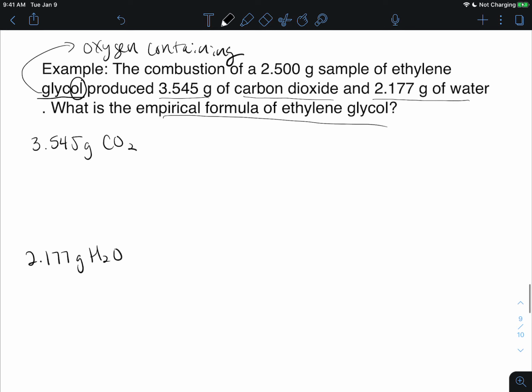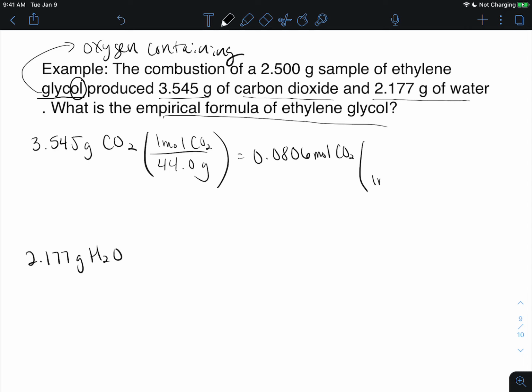Okay, so let's look. We're going to go from our grams of carbon dioxide into moles of carbon dioxide using our molar mass, 44.0 grams per 1 mole of carbon dioxide. So when we take our 3.545 divided by 44, we get 0.0806 moles of carbon dioxide.